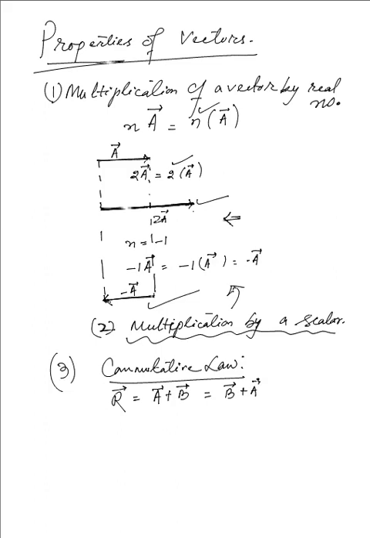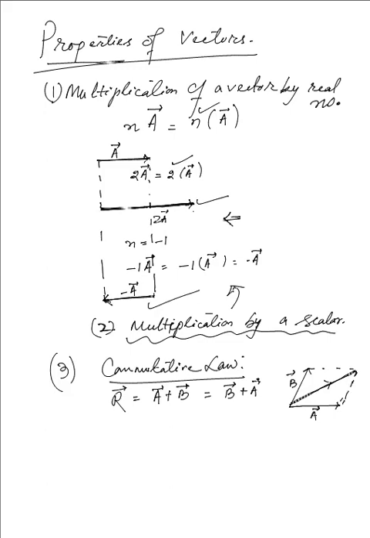Obviously that's quite clear, because in terms of magnitude, if you use the parallelogram law of vector addition, I have this a vector over here, b vector over here, and it's actually giving me the same diagonal every time, because the vectors do not change their direction and magnitude.